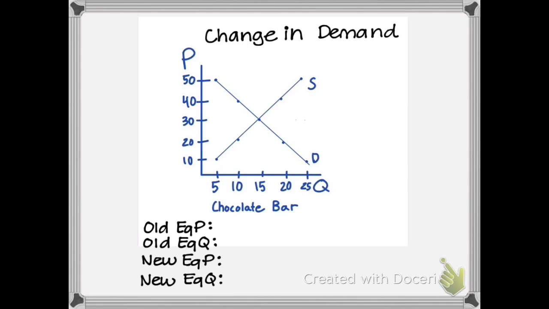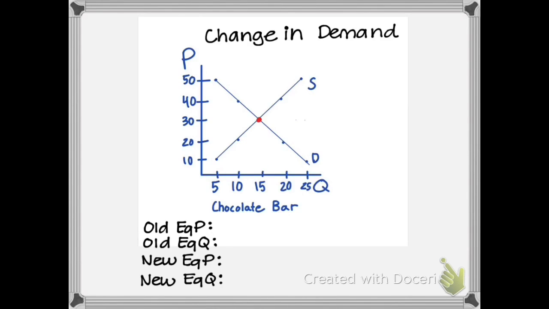I'm going to be doing an example of change in demand according to income. First, I'm going to find the old equilibrium point and the old equilibrium price and quantity. Right where they intersect is the old equilibrium point.